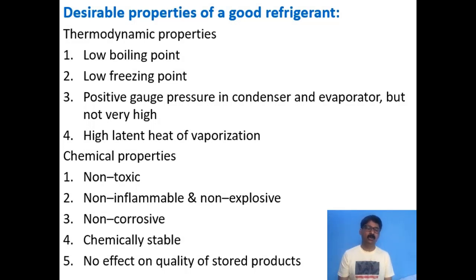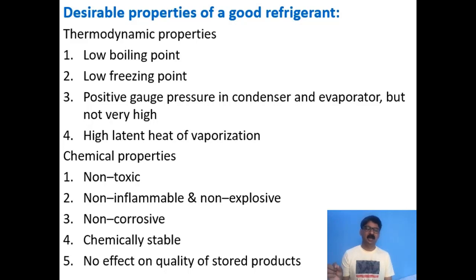Then it should have a low freezing point, so that it should not become solid during its flow in the various pipelines. And a positive gauge pressure in the condenser and evaporator, but not very high. Positive gauge pressure means the pressure in the condenser and evaporator should be more than atmospheric, because gauge pressure uses atmospheric pressure as the reference for measurement.